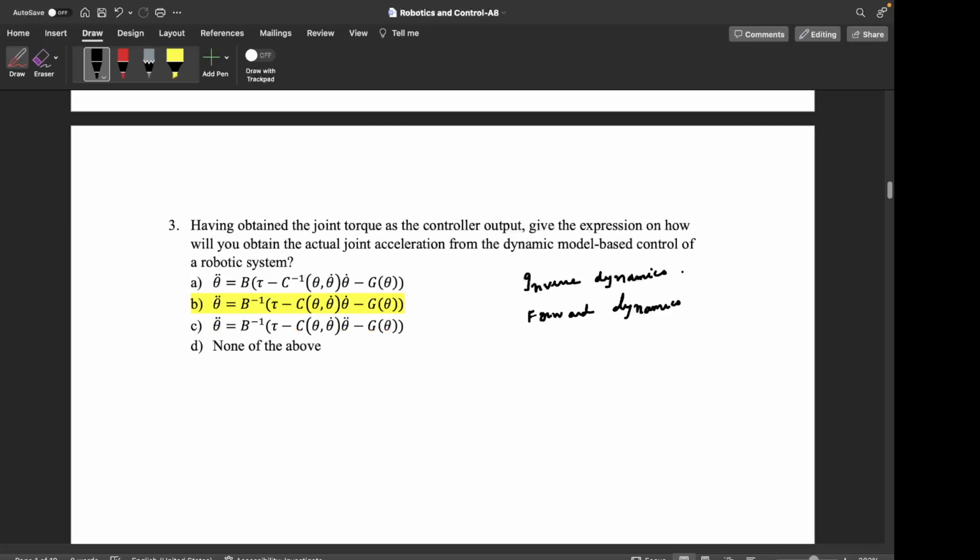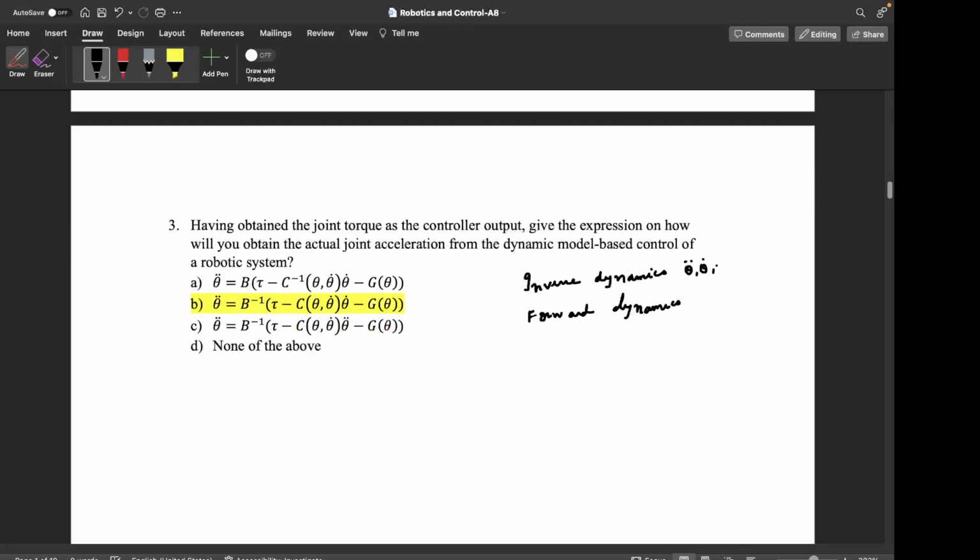So in inverse dynamics, what do we know and what do we want to compute? Basically, these two differ on these aspects. So in inverse dynamics, we know the accelerations and the velocities and all.